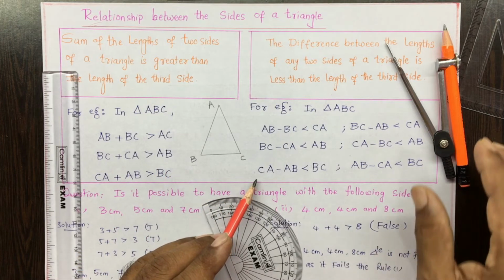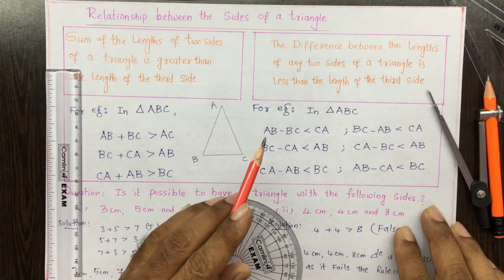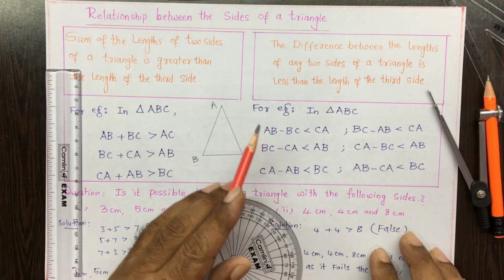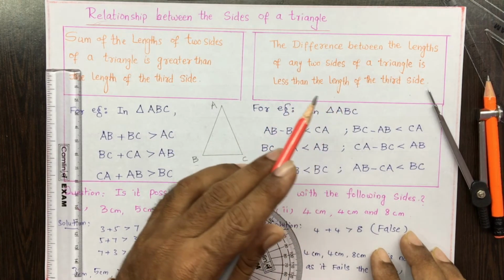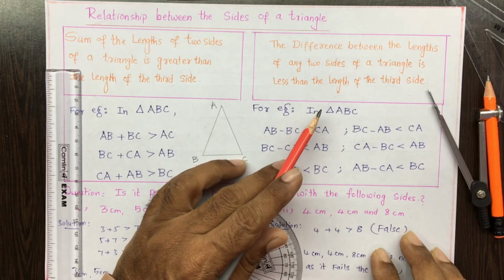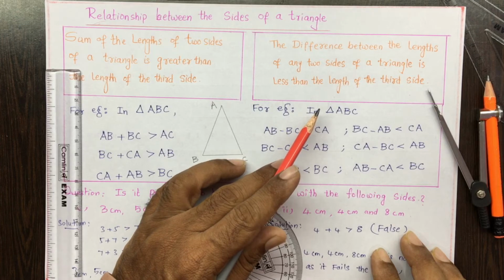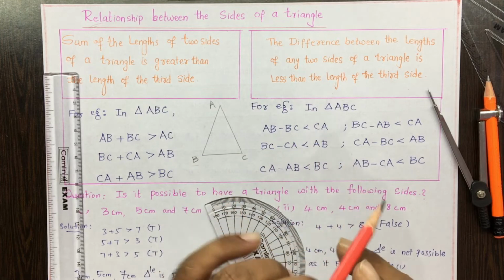Similarly, we have the difference rule: the difference between the lengths of any two sides of a triangle is less than the length of the third side, then those three measures also can be measures of a triangle.